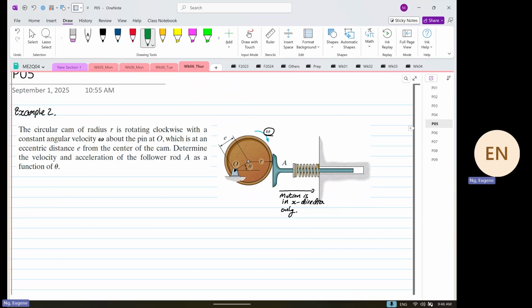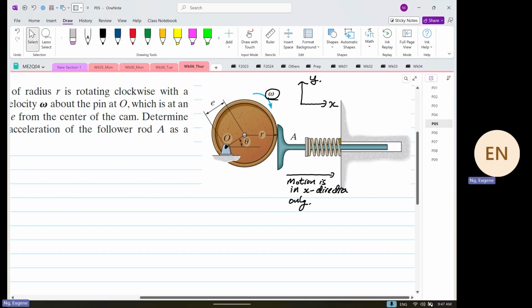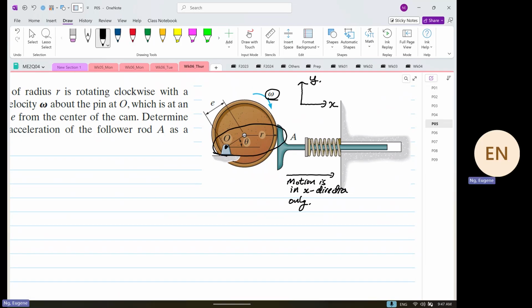Coming back to here now, we have to determine the motion in the x direction only. So this is our x and this is our y, okay. If this problem is without this diagram over here, I'll be lost. I'll be really honest with you, okay.